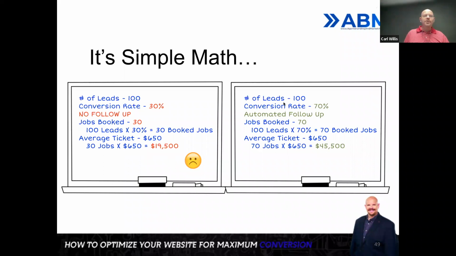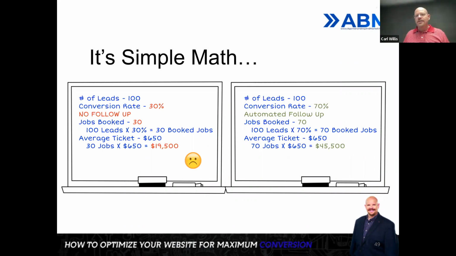Now, if we take those same 100 leads, we're not spending any more on advertising. All we're doing is we're changing our conversion process on the back end. So what we dealt with early in the webinar was the front end conversion. What happens when somebody's on your website? Now we're dealing with the back end conversion. They have called you, they've texted you, they've submitted a form.